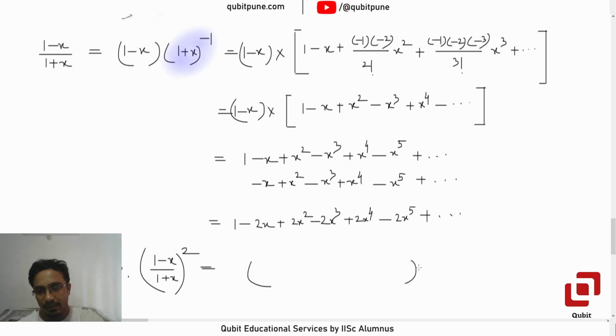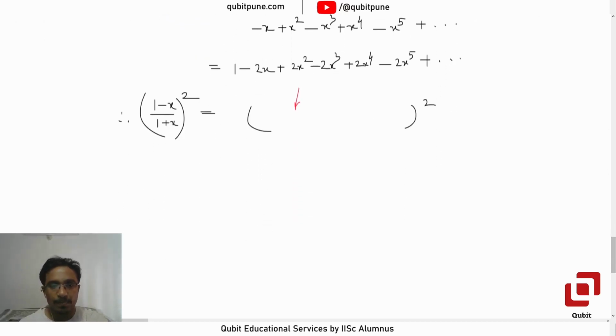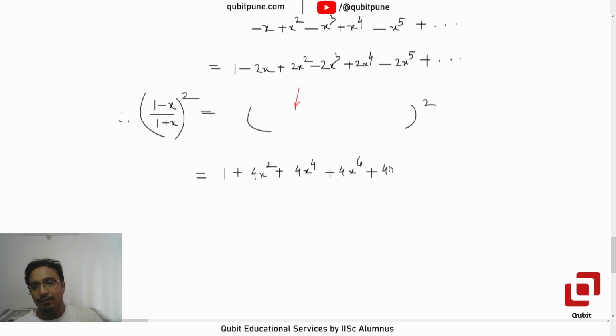How are we going to square it? The formula is pretty easy. We first square all the terms: 1 plus 4x squared plus 4x raised to 4 plus 4x raised to 6 plus 4x raised to 8.